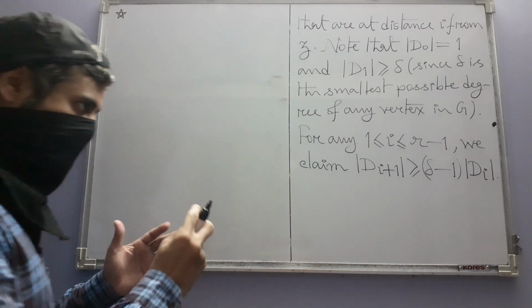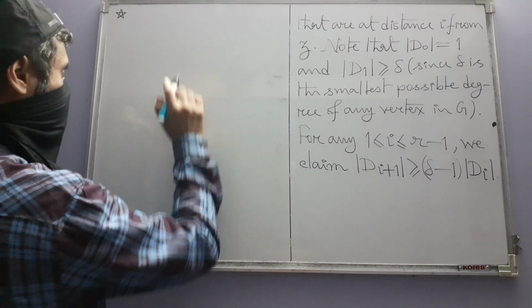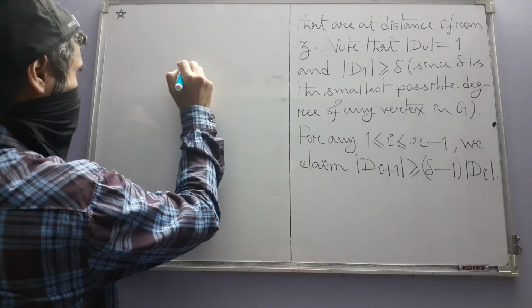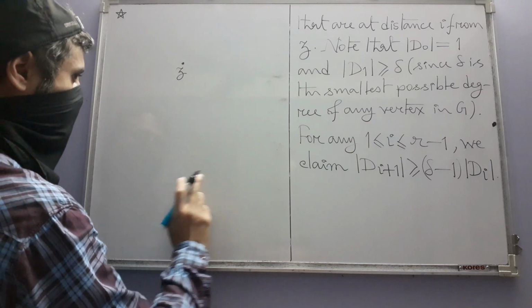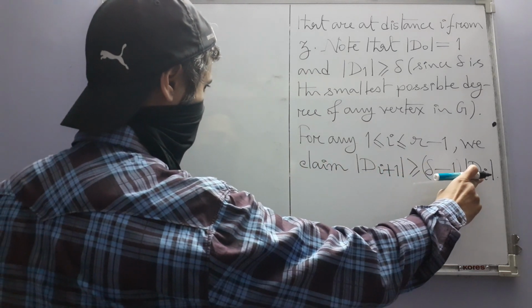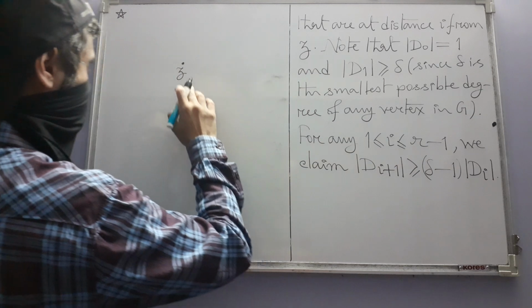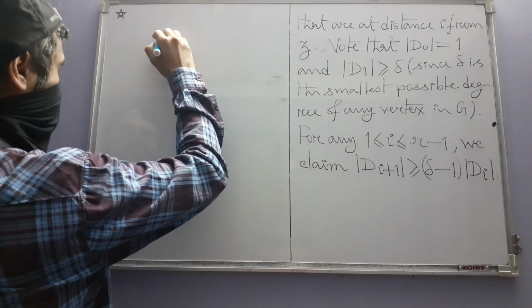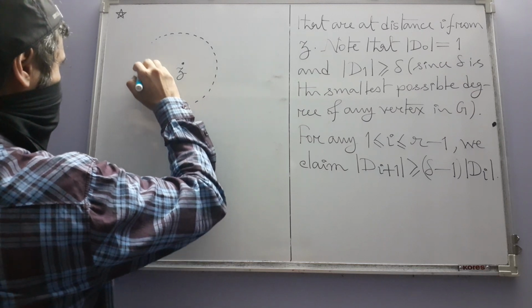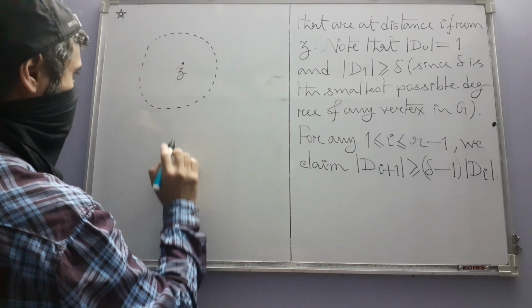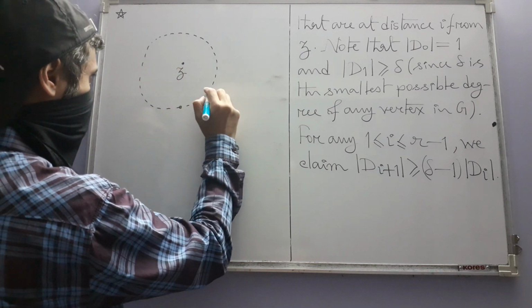So the situation is like this. This is the central vertex Z, and we have the set Di, which consists of those vertices that are at a distance I from Z. So we have some vertices here.